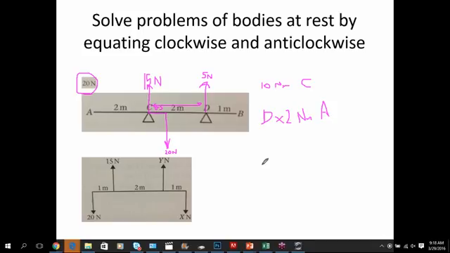So this one, 15 times 2, and this is 25 times, 20 times, yes, good, 60, and that is which one? And this one was x times how far away? Where is your point? Where are you taking moments from? The distance from that point.